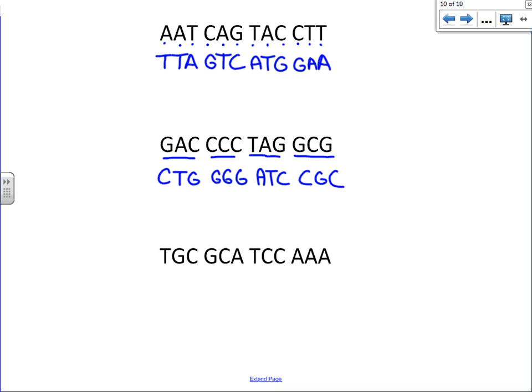All right, did you get it? Great. Now do the last one on your own. Write out the complementary strand for this whole DNA sequence right here.